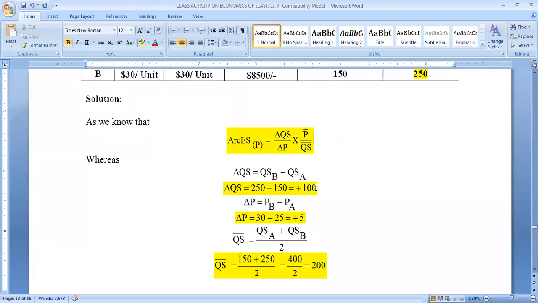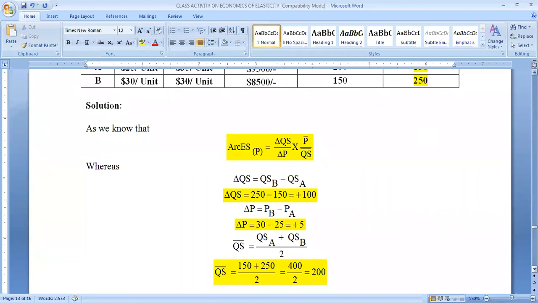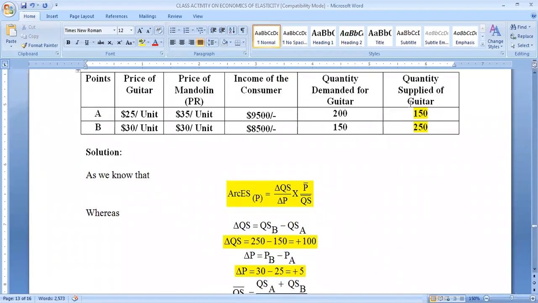It is QS at point B minus QS at point A. So 250 minus 150, the answer has become plus 100. So how do we know that QS at point A is 150 and at point B is 250? It is given in this table. Quantity supplied at point A is 150 and it is 250 at point B, right? Let me highlight it for you people as well.